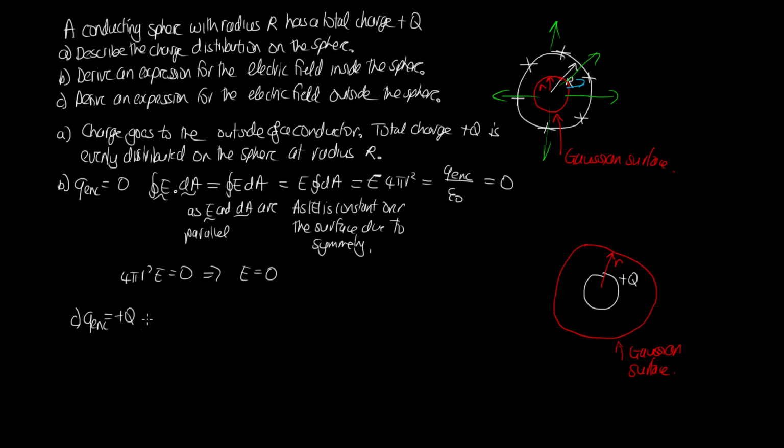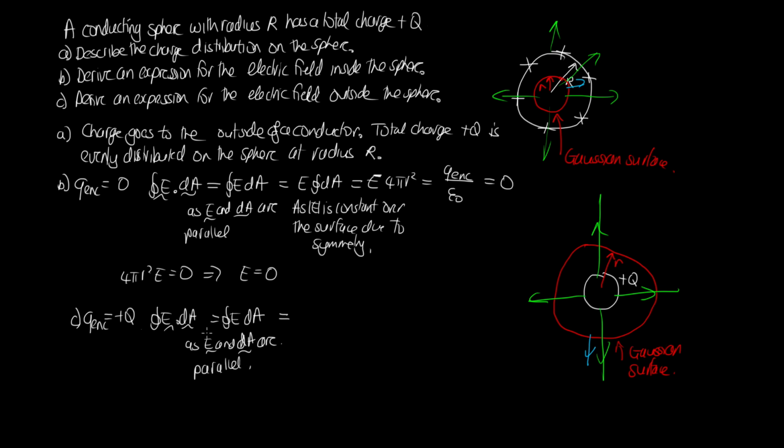And now we just use Gauss's law like we did up there. We've got E dA. If we consider the directions, we'd expect the electric field to be going out like this, and dA always points out from our Gaussian surface, so these are parallel. So once again, we can write this as E dA, as E and dA are parallel.